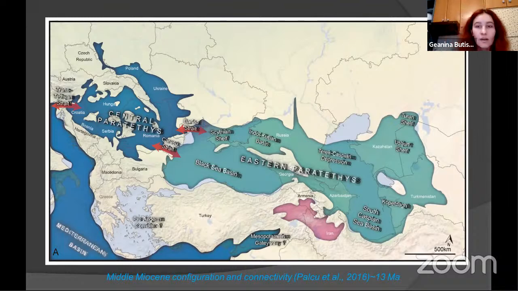And another gateway that was closed a bit earlier is the Mesopotamian gateway, which was active through Iran. Through this gateway, the Paratethys was connected with the Indian Ocean, through which occasionally fauna was passing into the Paratethys.